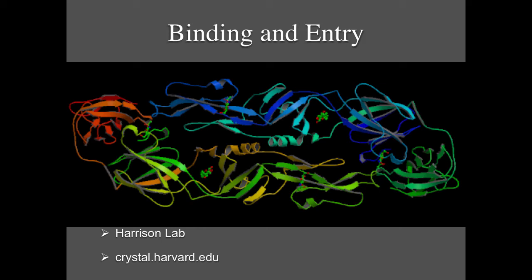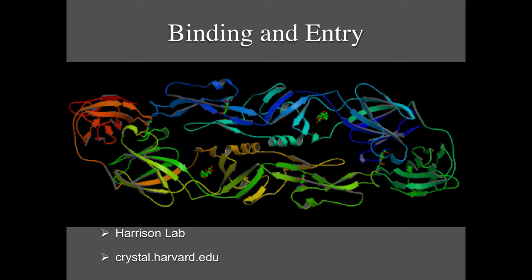So this is a more detailed look at the envelope protein. Again, this here is one envelope protein, here is another, so we have this dimer. The protein is normally considered divided into 3 domains. That would be 1, 2, and 3 here. Domain 3 is responsible largely for binding to the receptor.